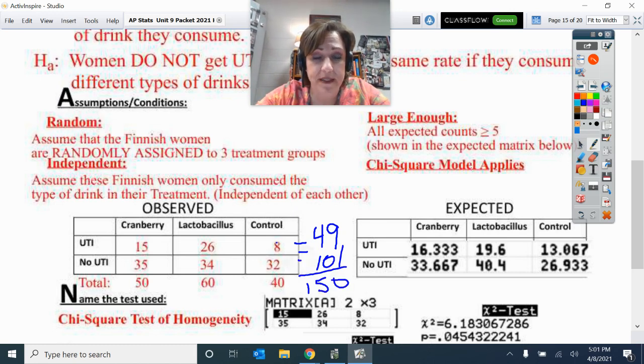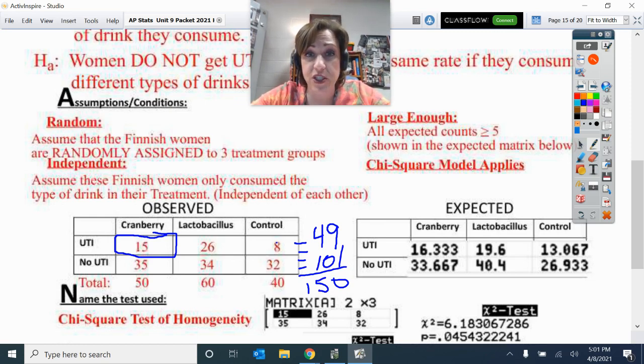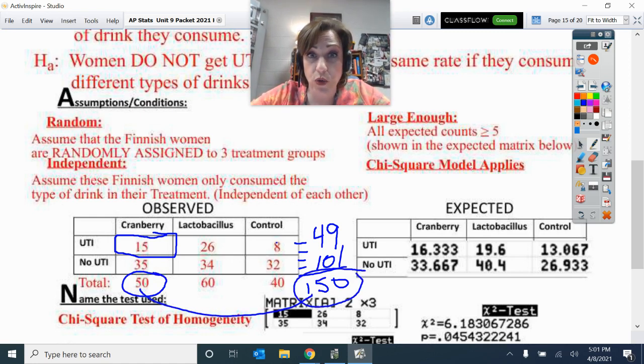So here's what happens. Say I want to determine what's expected here. Here's how we do that. I can see cranberry juice is 1/3 of the total in the experiment.